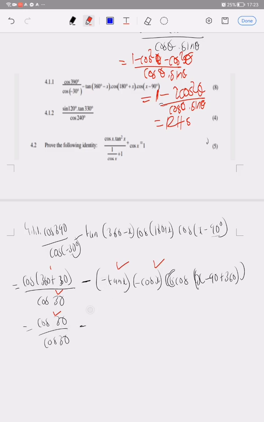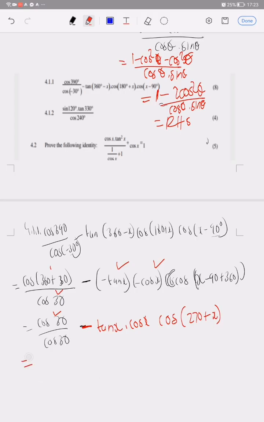Okay, so what do we do here? We have a negative, negative, negative. So it's a negative times negative times negative. We get a negative. So it's going to be negative tan x cos x. Then this one is just going to be cos of 270 plus x, right?